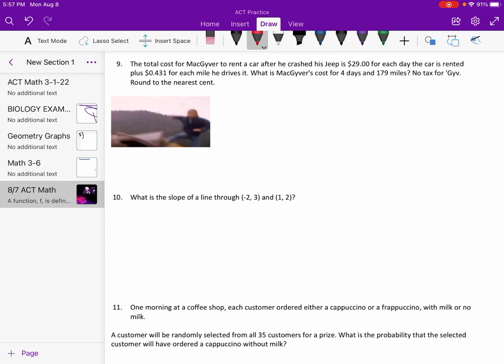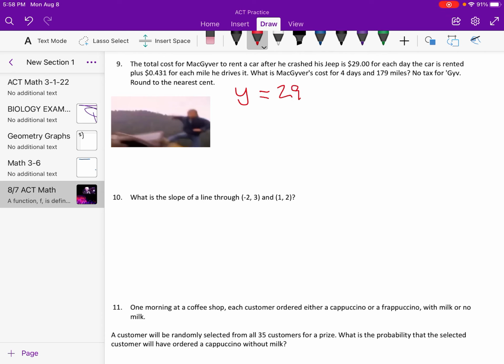Okay. The total cost for MacGyver to rent a car after he crashed his Jeep is $29 a day. So I'll just write that, $29 a day. Oh, and plus 43.1 cents per mile he drives it. So once again, I can just do an equation.